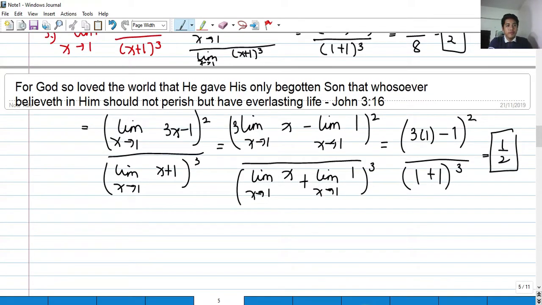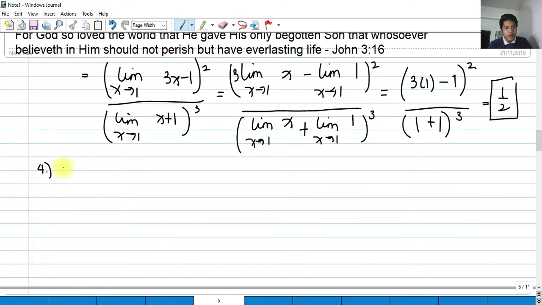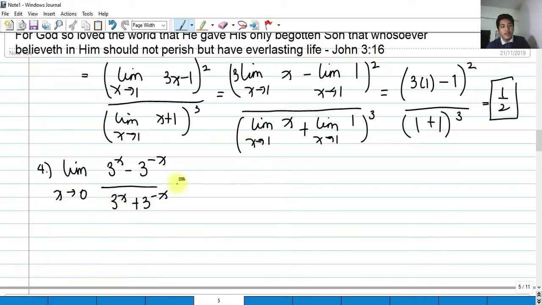So for the next problem, we have number 4: the limit of 3 raised to x minus 3 raised to negative x, over 3 raised to x plus 3 raised to negative x, as x approaches 0. Let me just rewrite this. I don't want to have any negative exponent, so let's simplify that first.